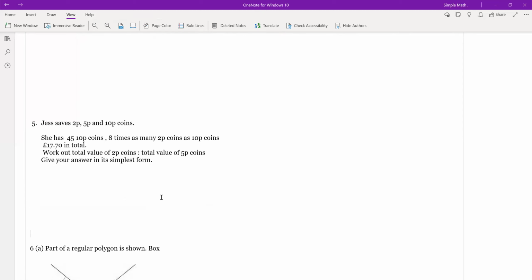All right, so Jess saves 2p's, 5p's, and 10p coins. She has 45 10p coins. Okay, 10p coins are 45. Now, 8 times as many 2p coins as 10p coins.